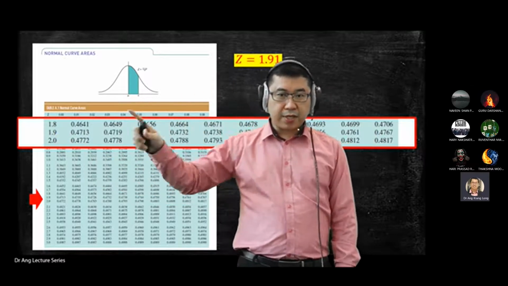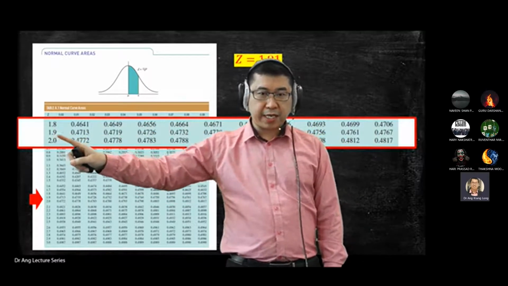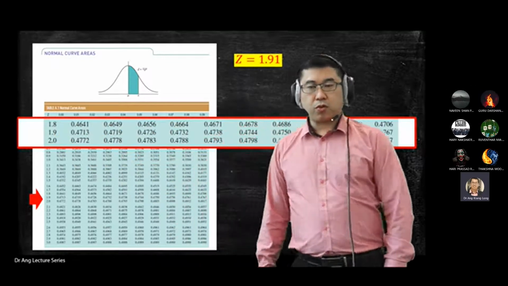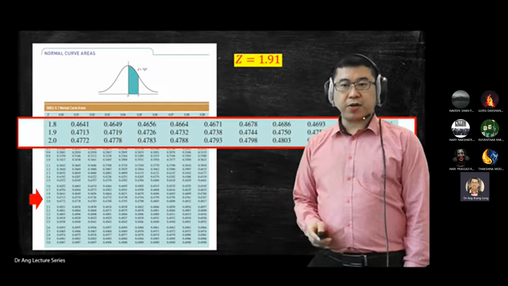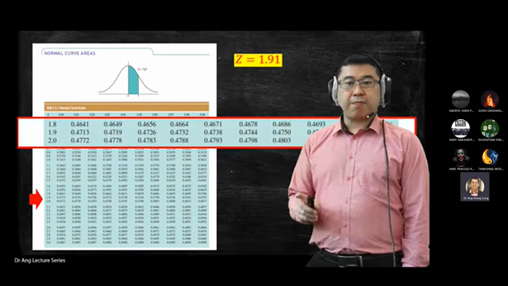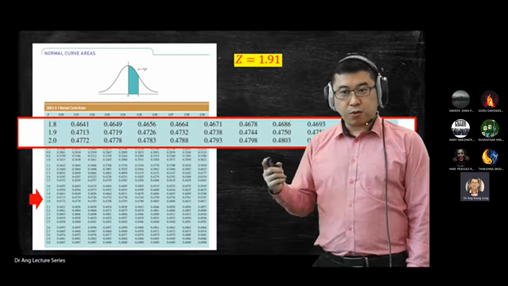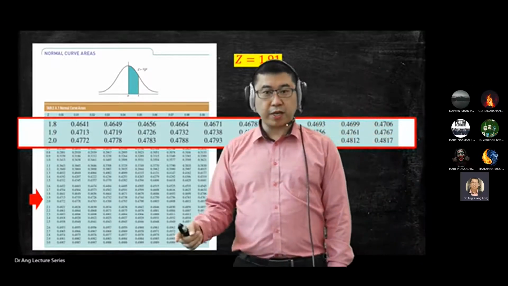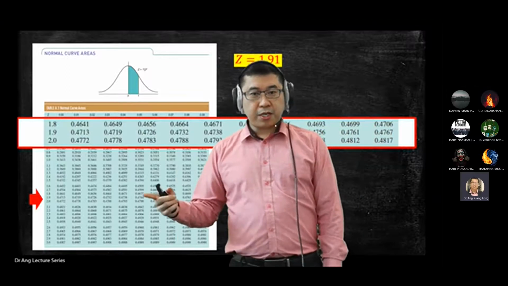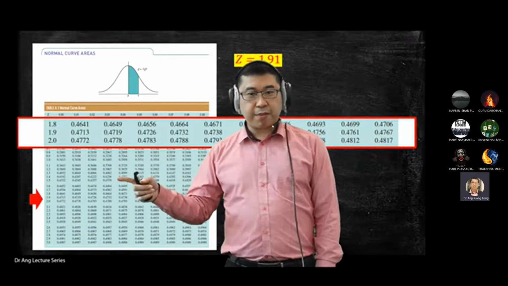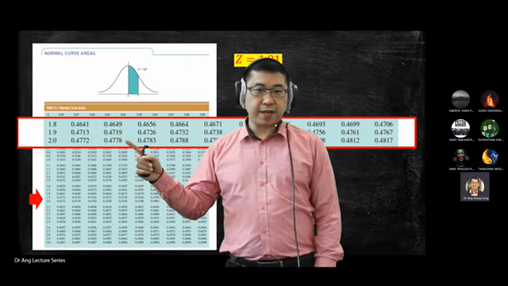Your Z value is 1.91, so it is somewhere here. You need to do a process called interpolation. The interpolation step is lower-level mathematics, and you should be able to do it. Interpolation you learned in your SPM or in your secondary school government exam.